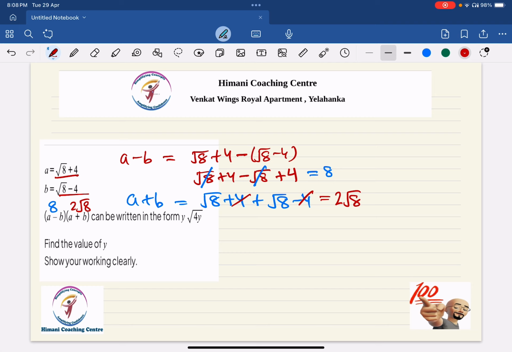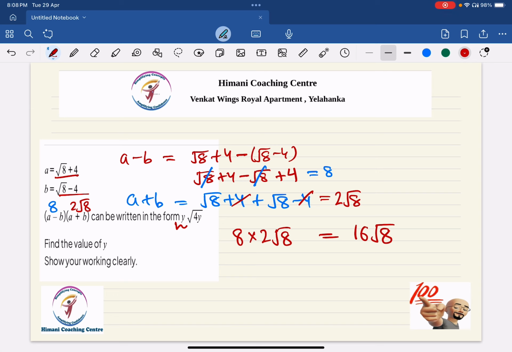Now what have we got? We have got a minus b into a plus b as 8 into 2 root 8, which is actually 16 root 8.